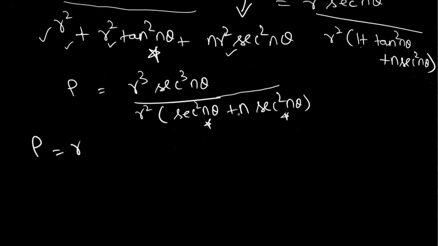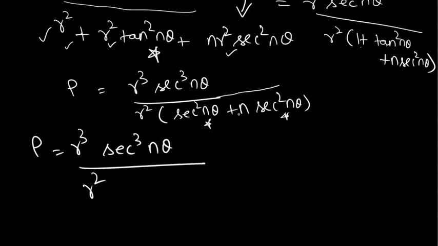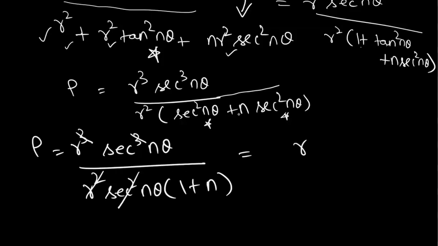Rho is equal to r cube secant cube n theta divided by r square secant square n theta. I'll take common 1 plus n. Of course, you can cancel this r square and this secant square. And finally, we will get the answer as r into secant n theta divided by 1 plus n.